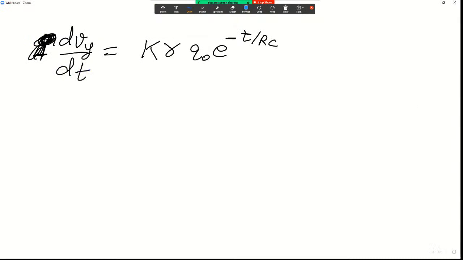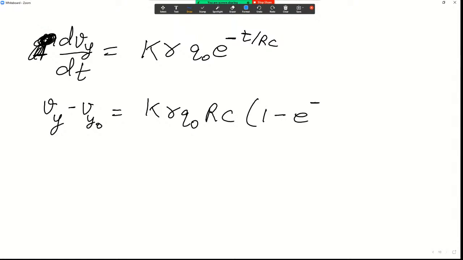Hmm, so we would get Vy minus Vy0 equals to K R Q naught. But here we have to find the general time only. So we can get RC times 1 minus e to the power minus T by RC. Yeah, and then this goes to 0.